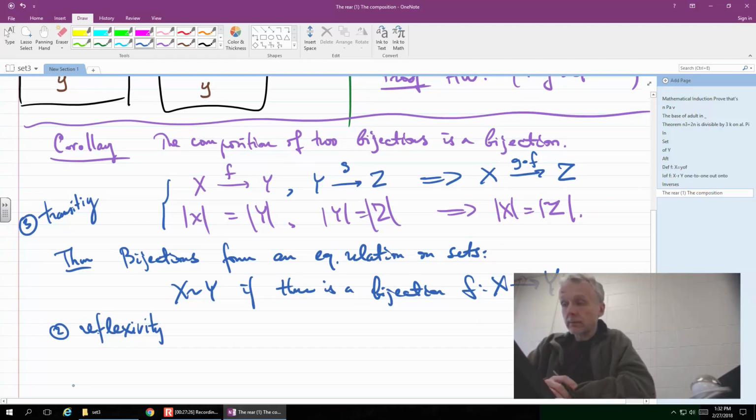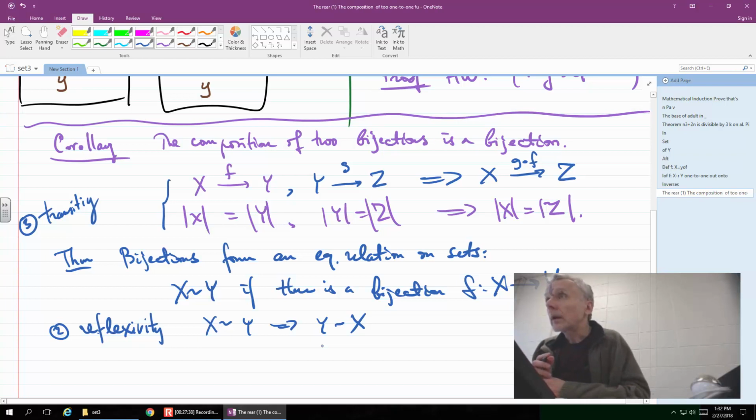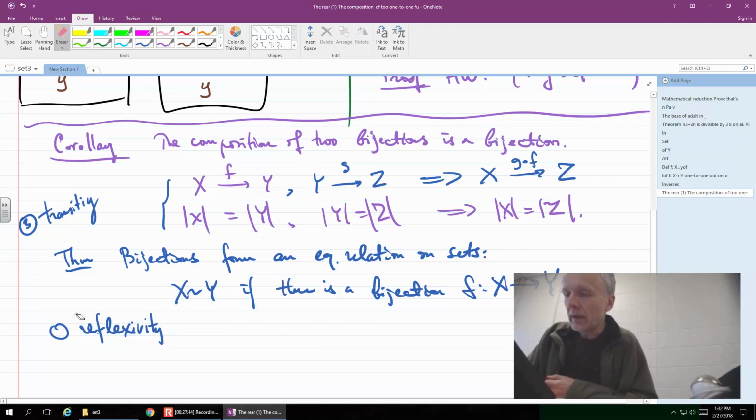In other words, X equivalent to Y implies that Y is equivalent to X. I'm sorry, sorry about that. Let's do reflexivity first. So reflexivity, number 1. So X is equivalent to X. Why is X equivalent to X?